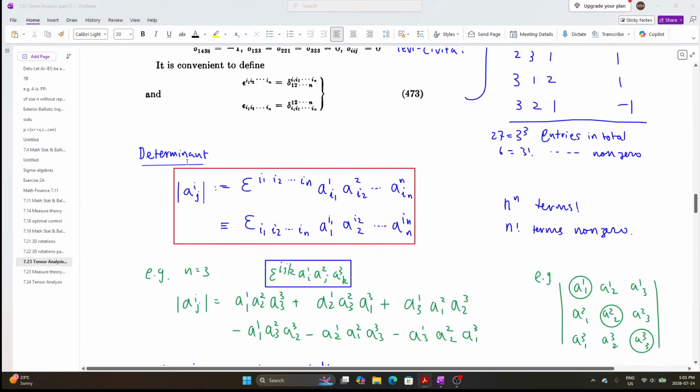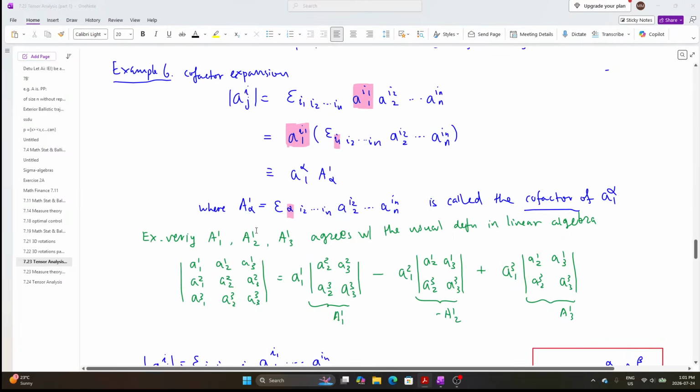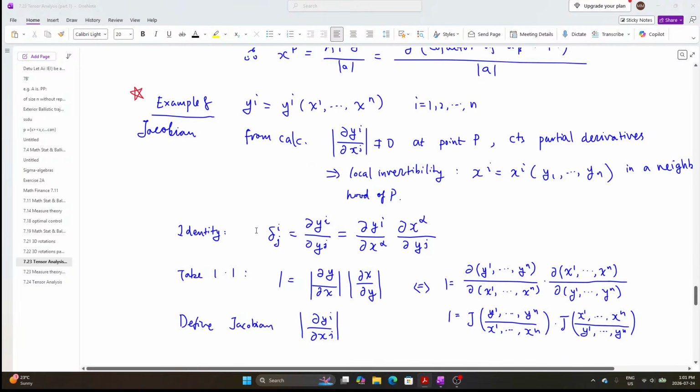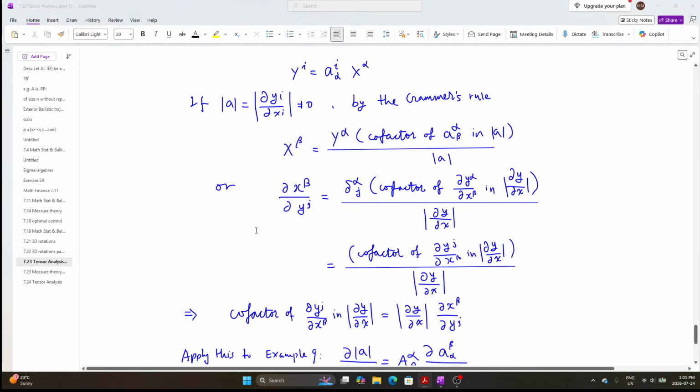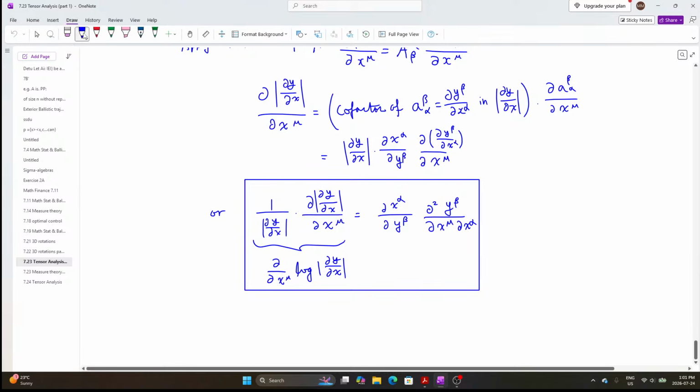And we also used that to study determinants. In the last section, namely the determinant, we left one example. We didn't have time to cover that last example, so we will do that today. Okay, so let's do that.